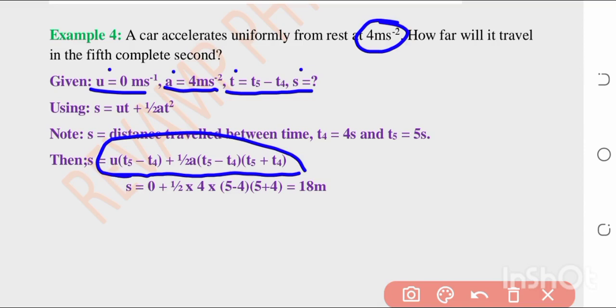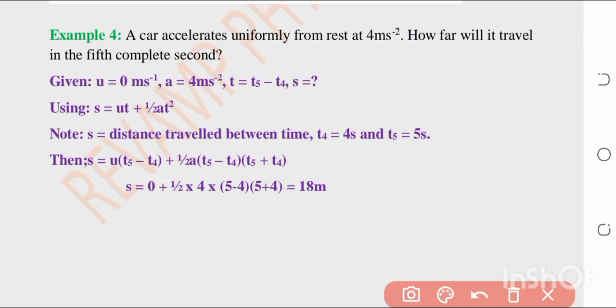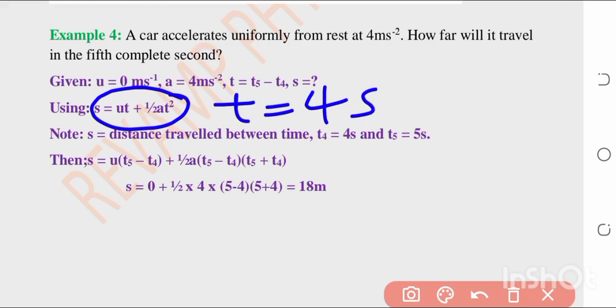And with this, we can substitute the value of our time into this equation. We have this using a calculator. The distance traveled in the 5th second of the journey will be equal to 18 meters. Or we can as well calculate the distance traveled using this equation. We calculate the distance traveled when t equals 4 seconds separately, and calculate the distance traveled when t equals 5 seconds.